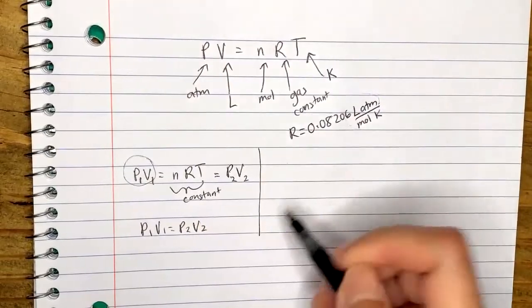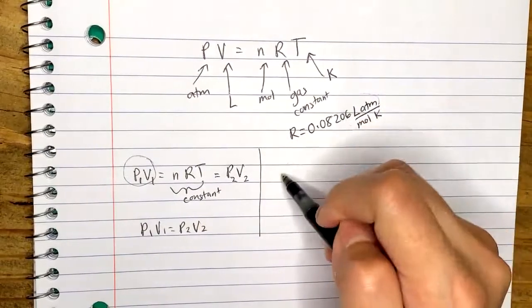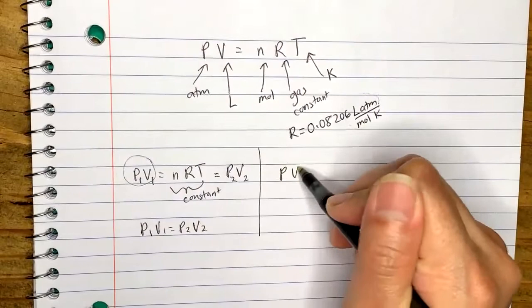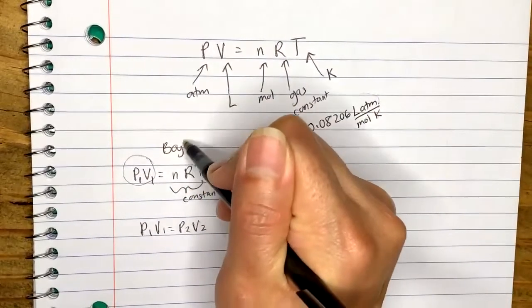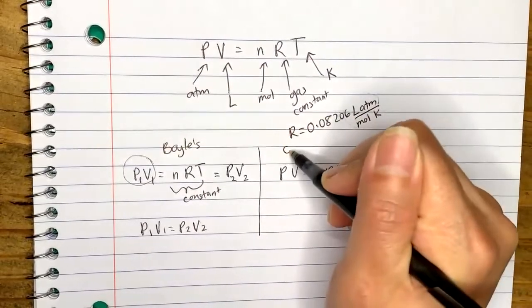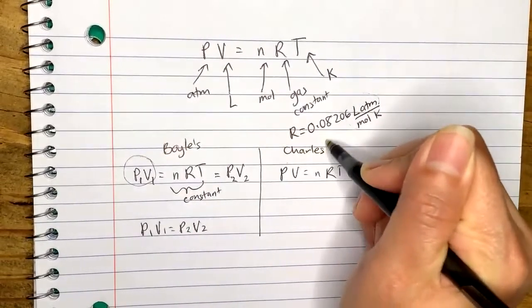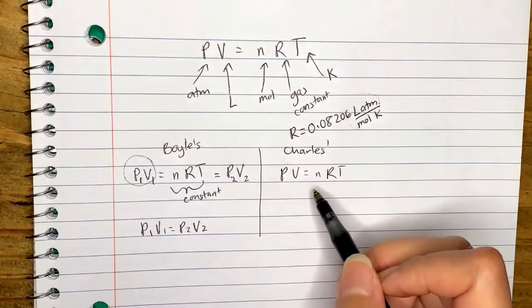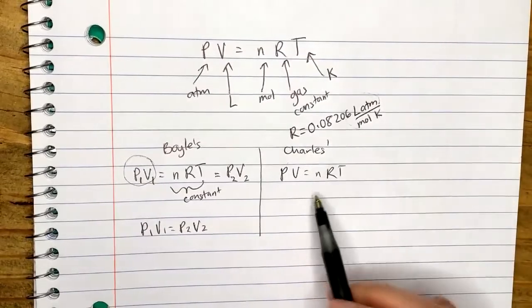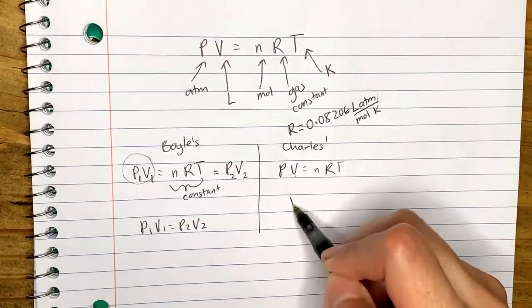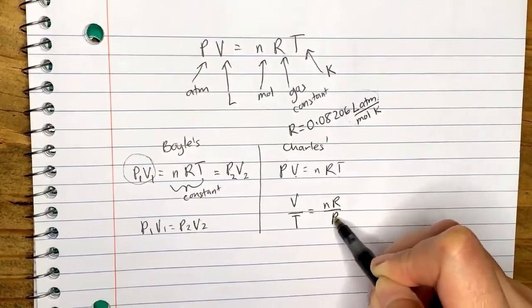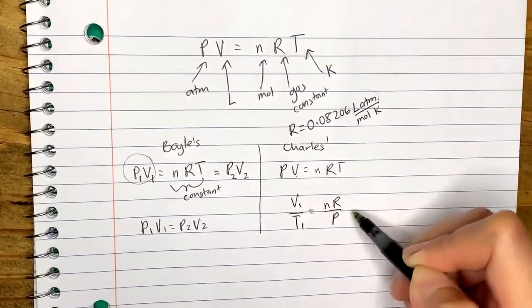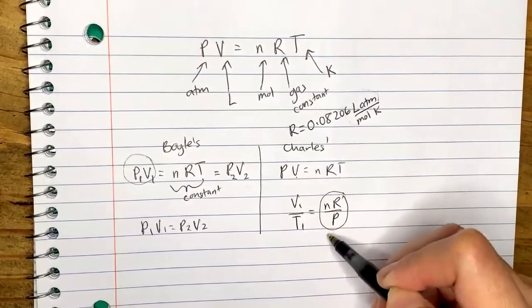Okay, that's the first one. And then the second one, we had PV equals nRT. So this is Boyle's. And then we want to do Charles. Charles is V and T, right? So to get V and T on one side, you do V over T equals nR over P. This is constant right here.